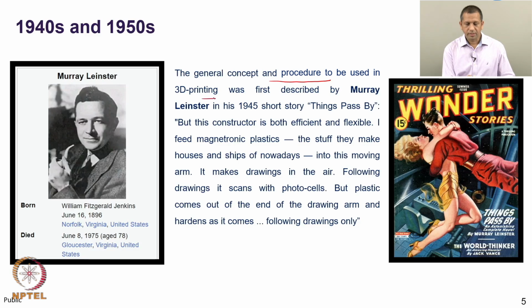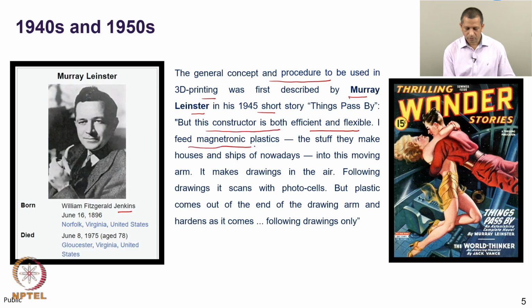was first introduced by Murray Leinster. Murray Leinster was a scriptwriter, playwright, and storyteller, and his real name was William Jenkins. In his 1945 short story, Things Pass By, published in a magazine called Thrilling Wonder Stories, he writes, "But this constructor is both efficient and flexible.